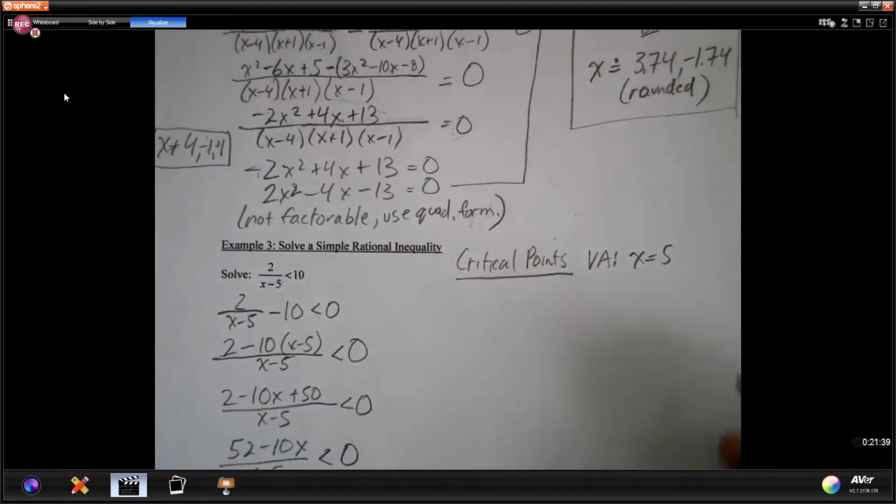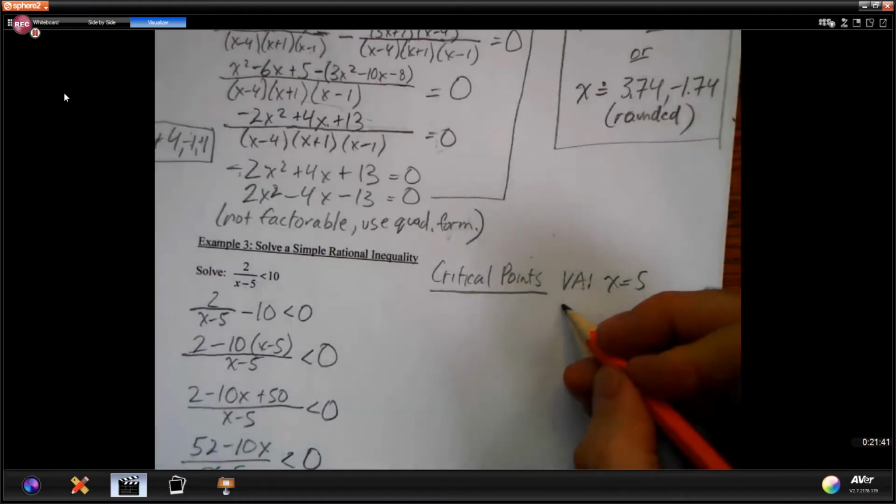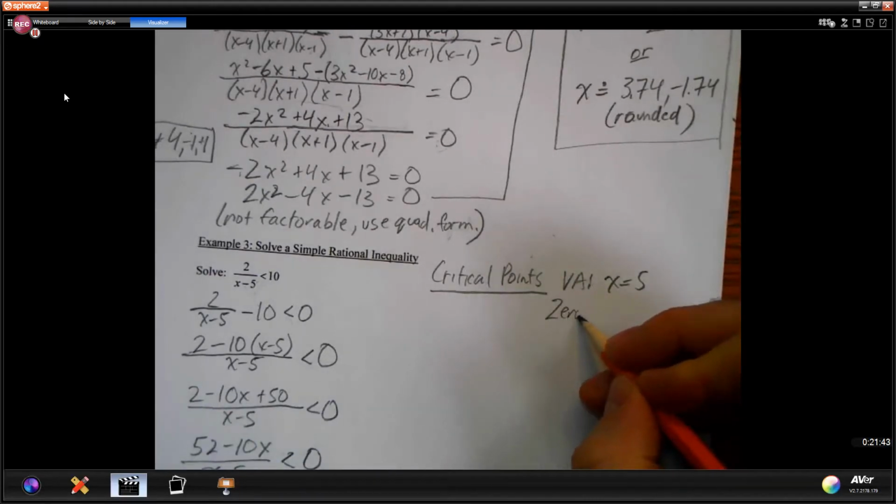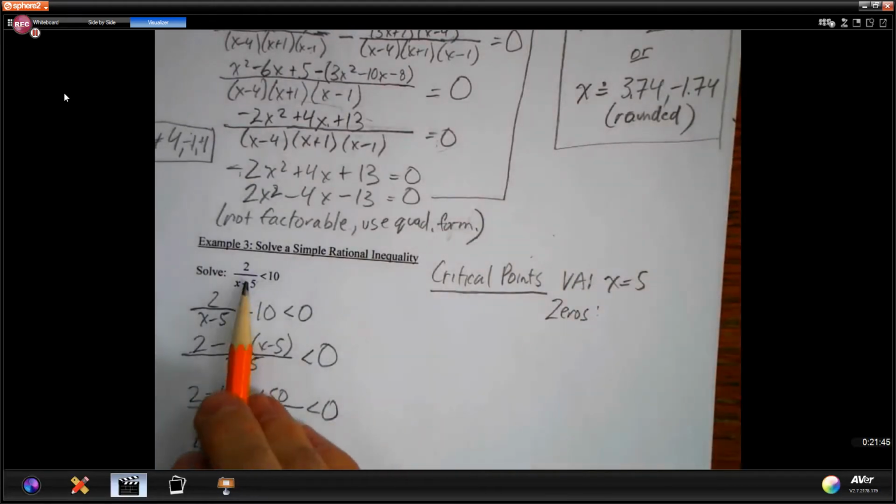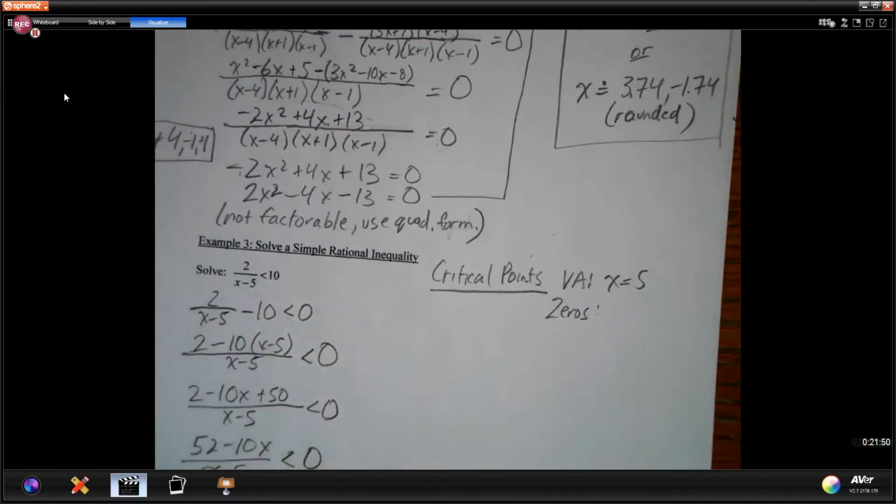I also find the zeros. Now it's pretty hard to find the zeros in the earlier form, but once we've got it in this form, the zeros are found by setting the numerator equal to 0 and solving. So it's really good just to forget about the critical points until you get here.